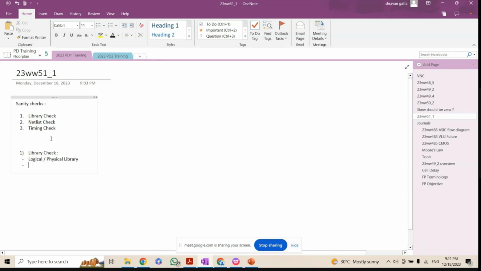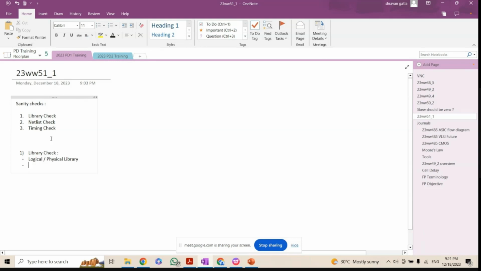And the next is no floating inputs. If you want, you can note down these points. It's very important. No floating inputs. Let's consider the same cell. Maybe this is input A and this is B. Say this input pin is not connecting to any other cell, maybe some 2 by 1 mux like this.